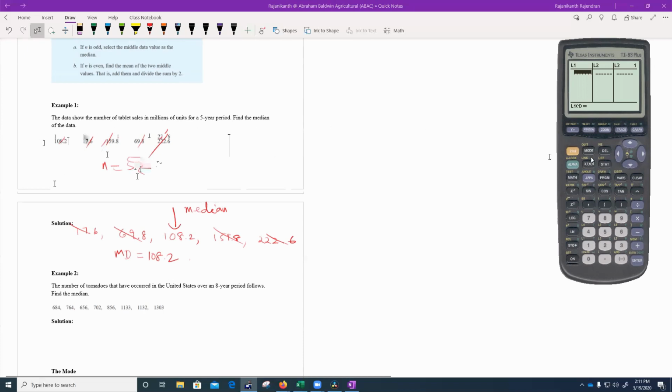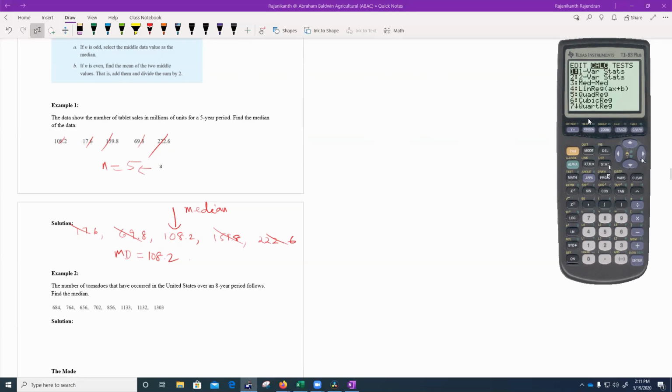So my first value is 108.2. Next one is 17.6, and 159.8, 69.8, and 222.6.